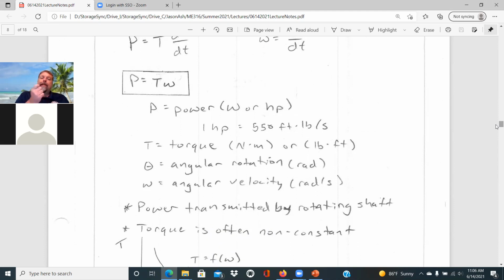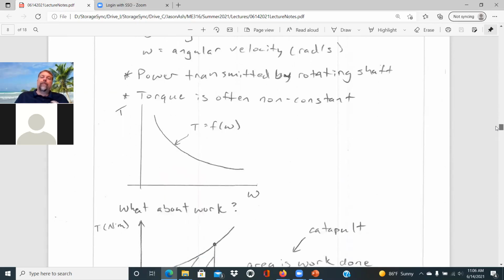If you're in the SI or the English system, theta is your angular rotation in radians. Omega is your angular velocity in radians per second. And then you can look at the power transmitted by a rotating shaft. But oftentimes torque is not constant.